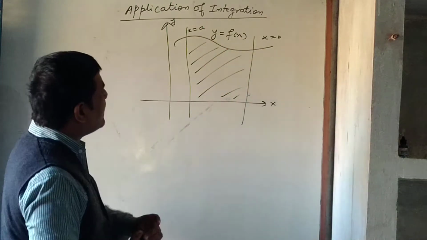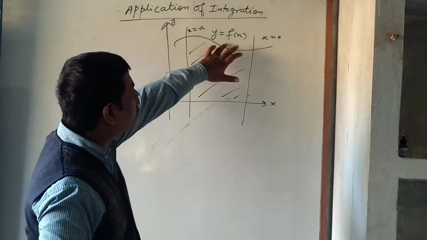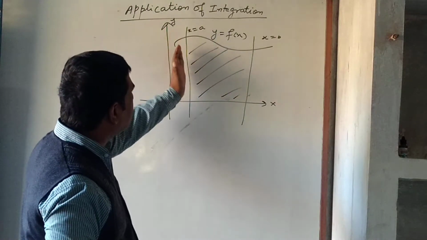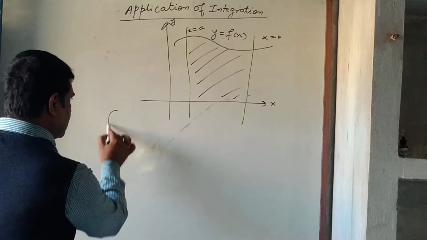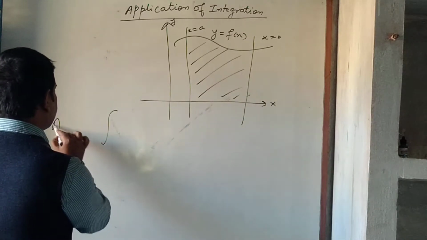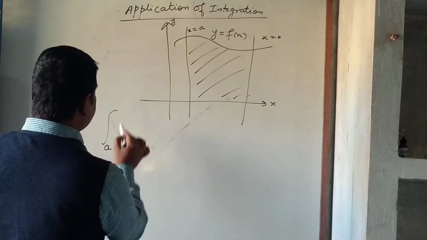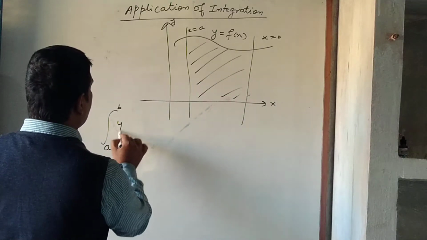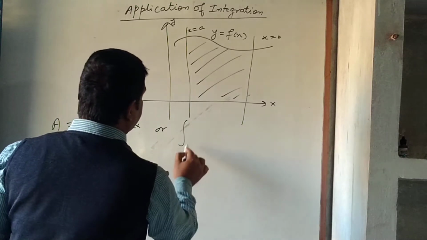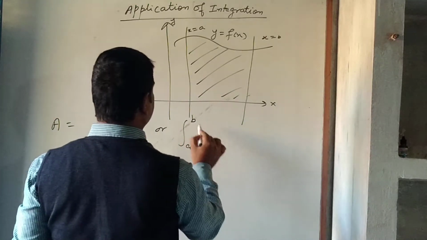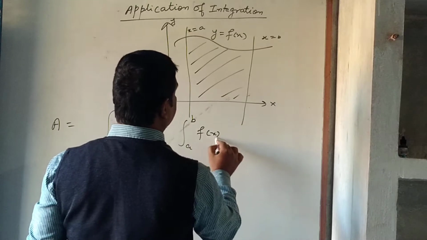Then the area between the x-axis, the curve and the lines x equal to a and x equal to b is given by the integration, with limit varying from a to b, of y dx, or it can be written as the integral from a to b of f(x) dx.